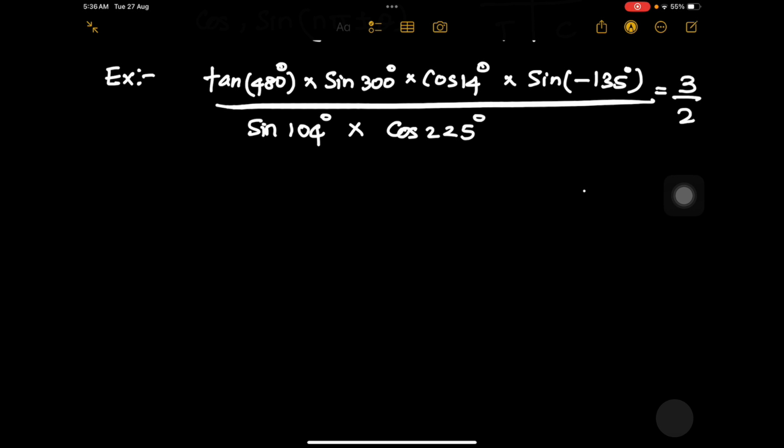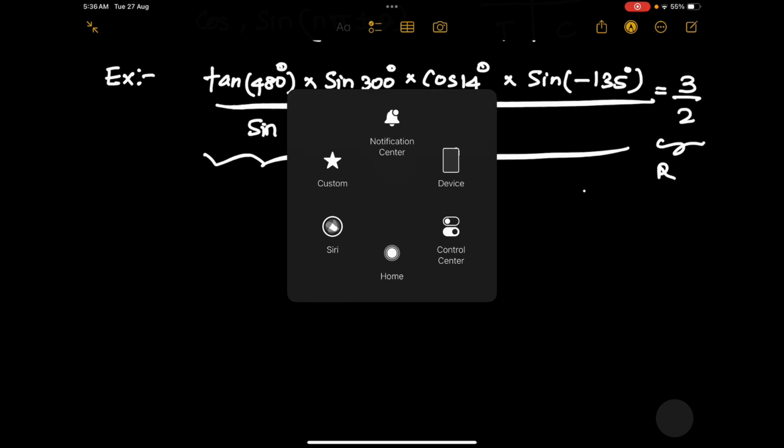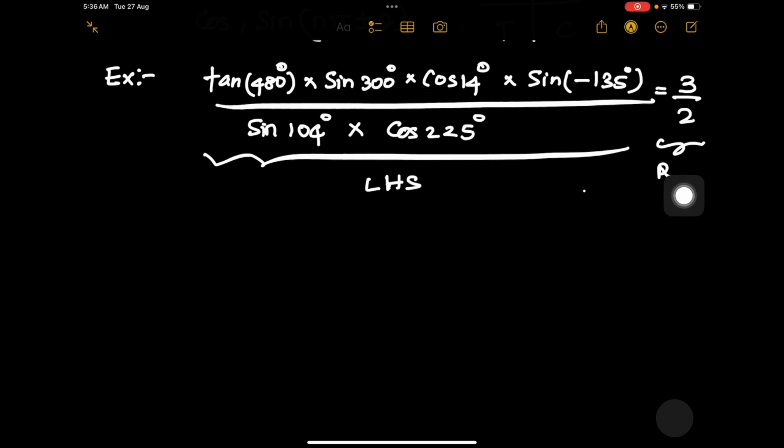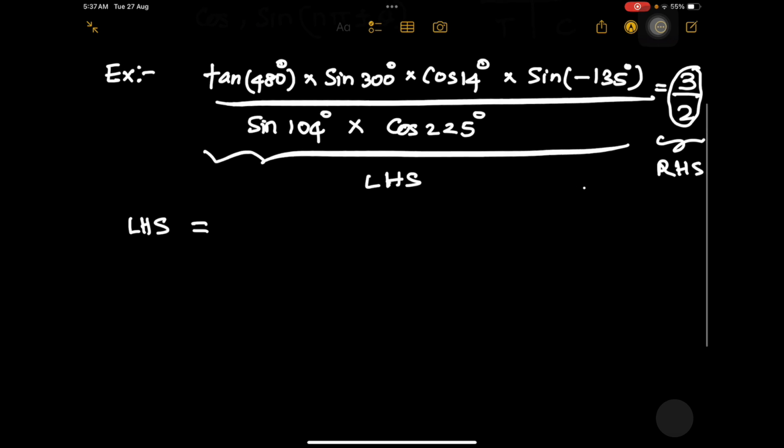So it's a proof question, so we have to prove it. In a proof question there is an LHS, left hand side, and there is an RHS. So here you have to take the LHS, because it's a too long equation, make it simplified and finally get the value 3 by 2. So let's do it.